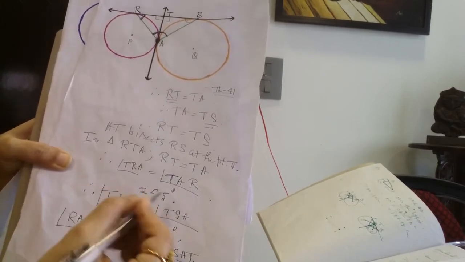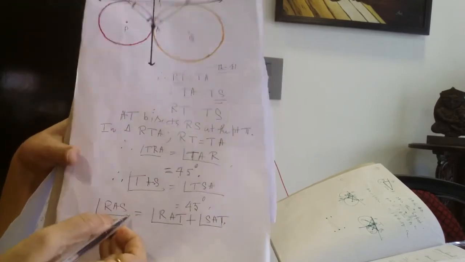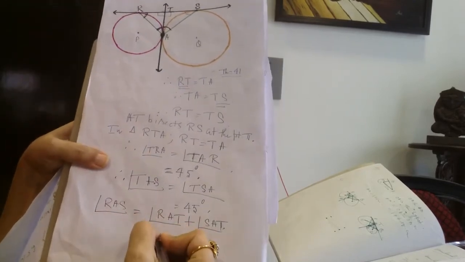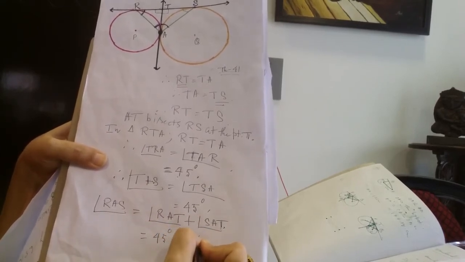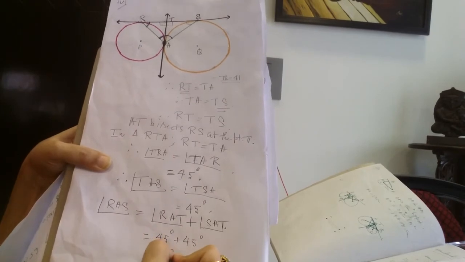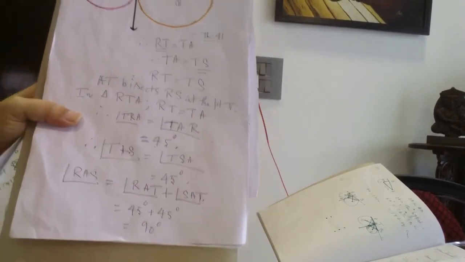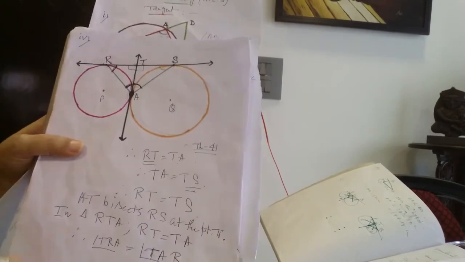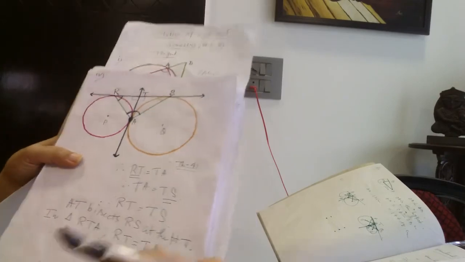SAT and RAT are both 45. So from here we can write 45 degrees plus 45 degrees. After adding it is coming 90 degrees. So what we are getting? Angle RAS is coming 90 degrees.